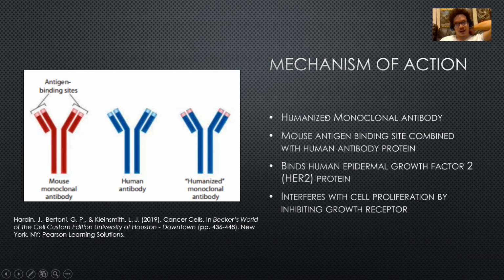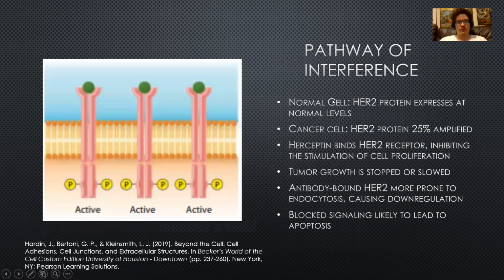And that's how Herceptin is able to prevent cell growth. Now, exactly how that happens has to do with the fact that HER2 is amplified, 25% amplified in cancer cells, which means that there's 25% more HER2 protein in the membrane of cells than there would be in a healthy cell.